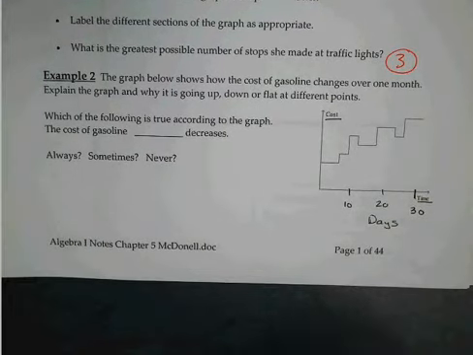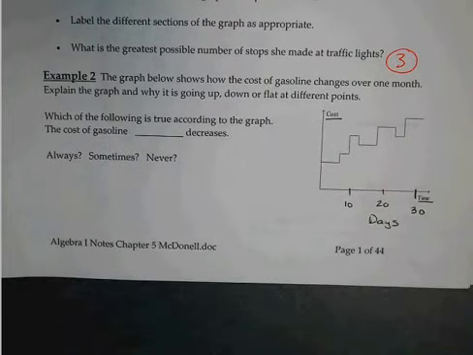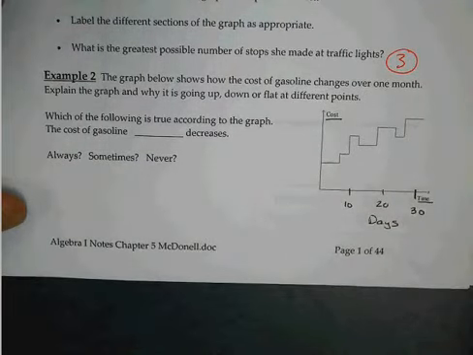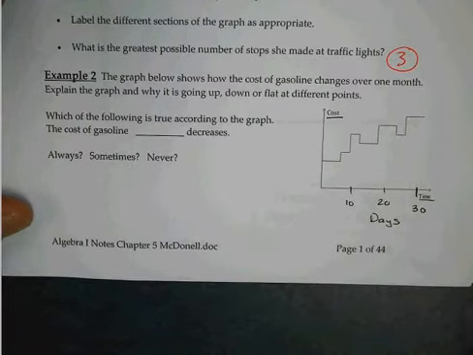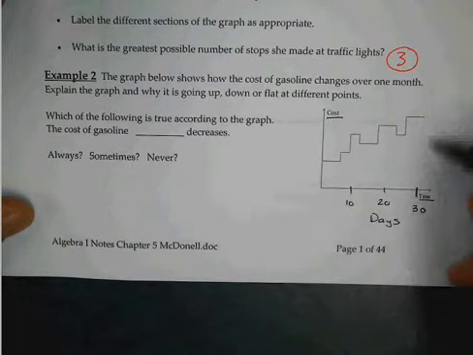Does the price change every day? No. Otherwise it would have 30 different lines. So the price starts, what's the price of gas about right now? Who knows the price? $3 to $4. Would you say over the course of a month, how much is it going to vary, possibly?